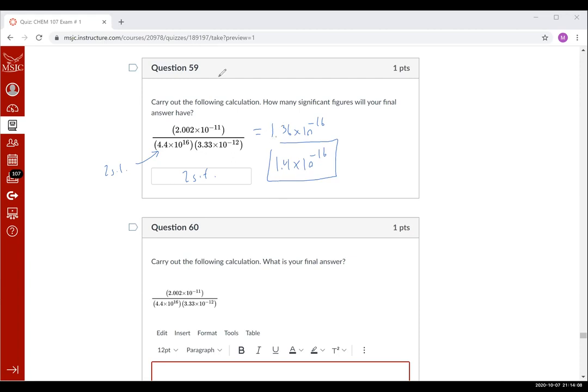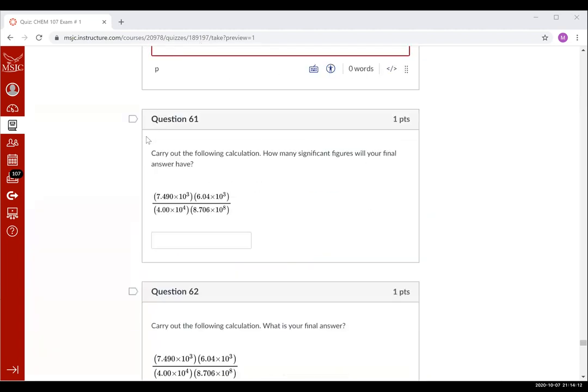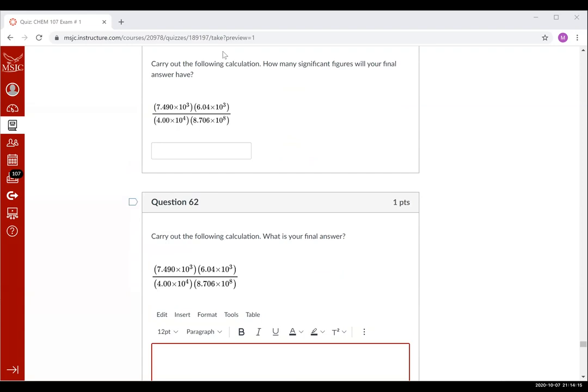So we answered 50, 59, and 60. Looking at 61, again, we're dealing with multiplication and division, and the least number of sig figs is 3 sig figs.